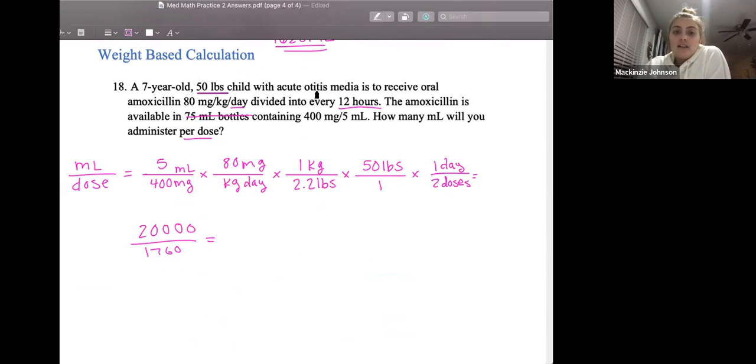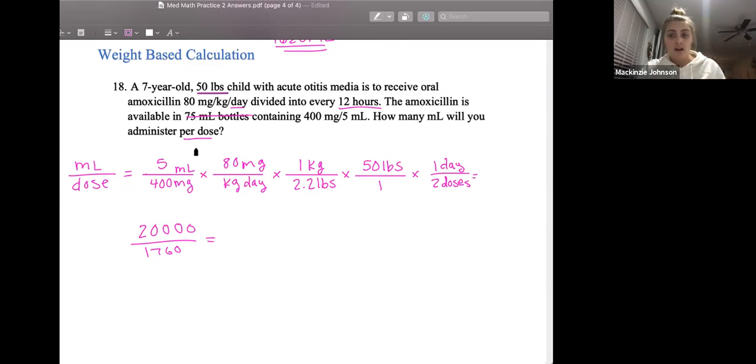With acute otitis media, which doesn't matter, to receive oral amoxicillin, 80 milligrams per kilogram per day, divided into every 12 hours, which we want to know. The amoxicillin is available in 75 milliliter bottles, which doesn't matter, containing 400 milligrams over 5 milliliters. How many milliliters will you administer per dose?